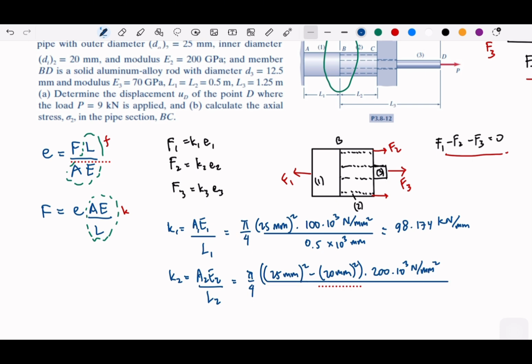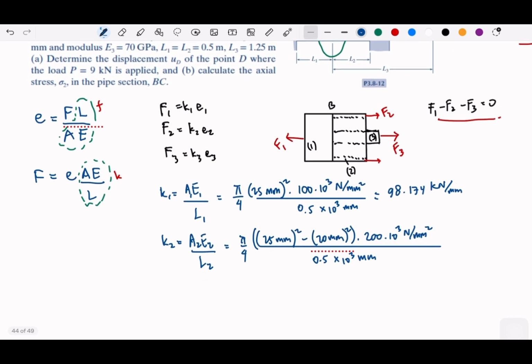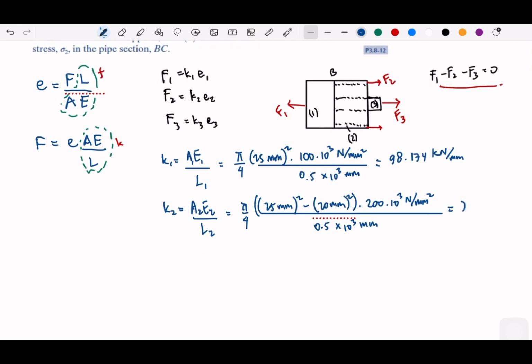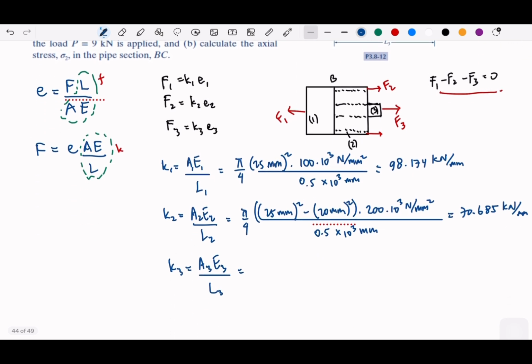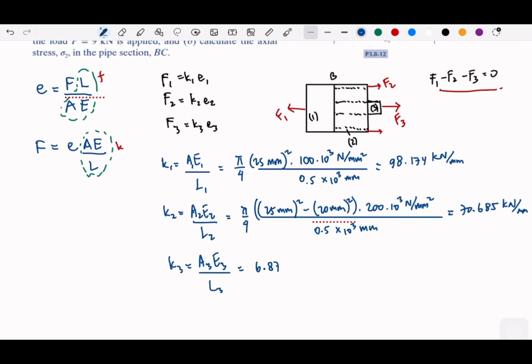And we need to divide by L2, which is equal to L1. You can calculate, and this will be around 7.685 kilonewton per millimeter. Do the same thing with the K3. To shorten our time, I will skip all the numbers and write directly what it will be. This is kilonewton per millimeter.